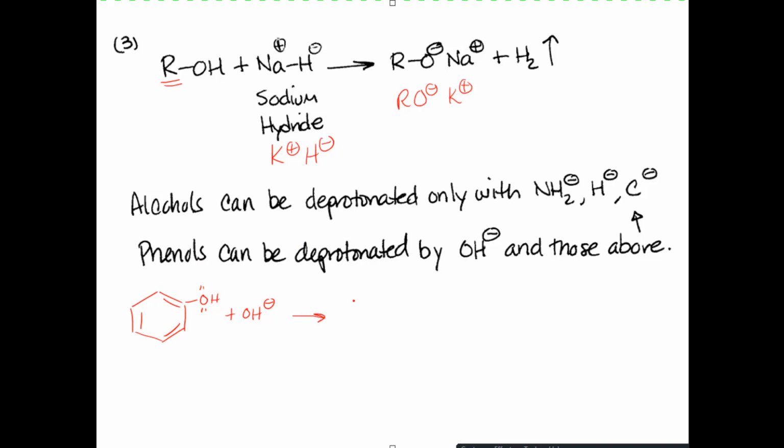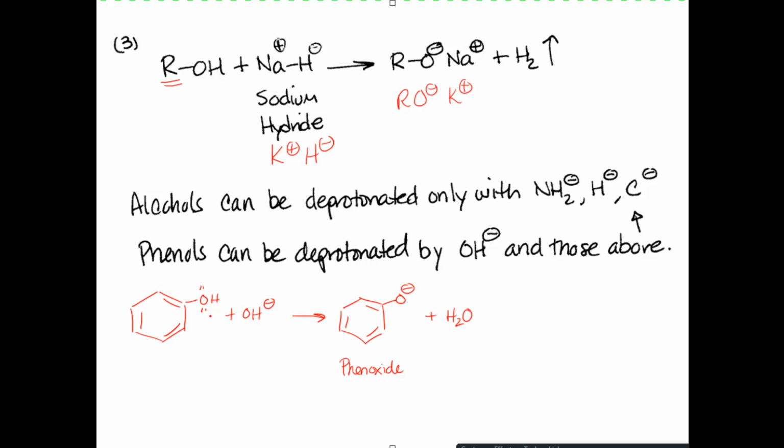So it's very easy to make what is called a phenoxide. And you can make the phenoxide by simply reacting the phenol with hydroxide.